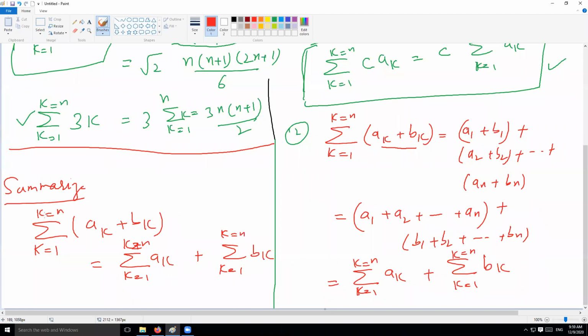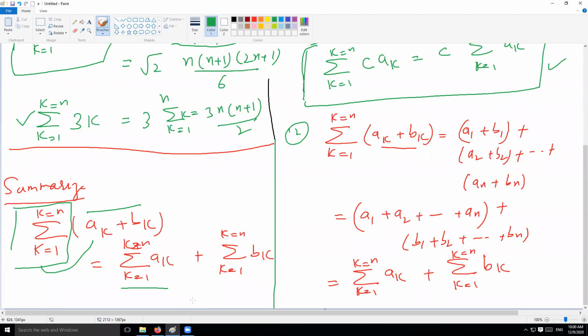In other words, individually apply the sum onto each term. If you have a sum and two terms, apply the sum onto the first term, and then apply the sum onto the second term. Both are really the same thing; they are not two different things.